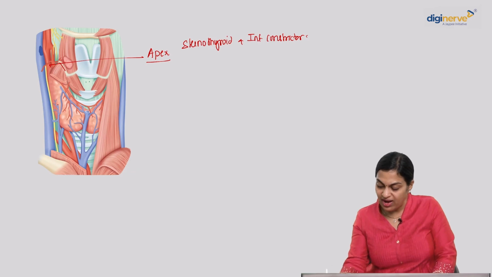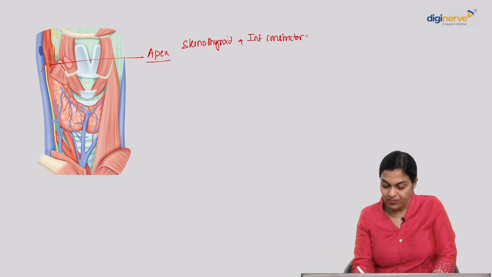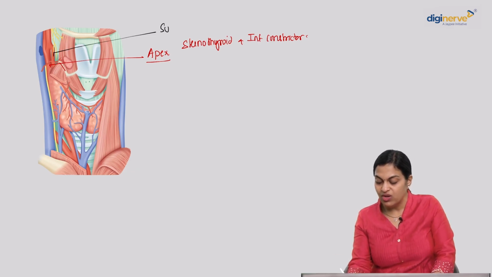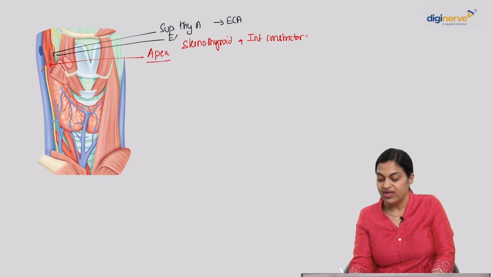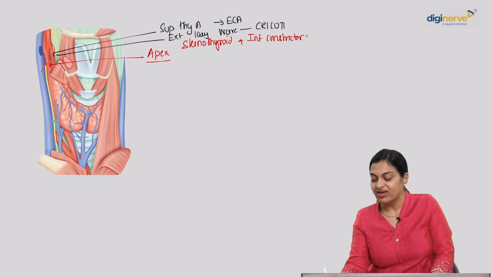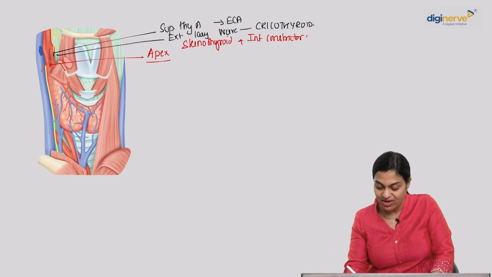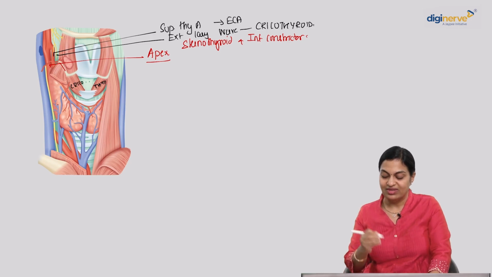Then you can see an artery and a nerve accompanying here. This artery is the superior thyroid artery, which comes from the external carotid artery. And the nerve accompanying here is the external laryngeal nerve. This external laryngeal nerve supplies the cricothyroid muscle, which can be frequently pinned in your spotter, right? This is the cricothyroid muscle.